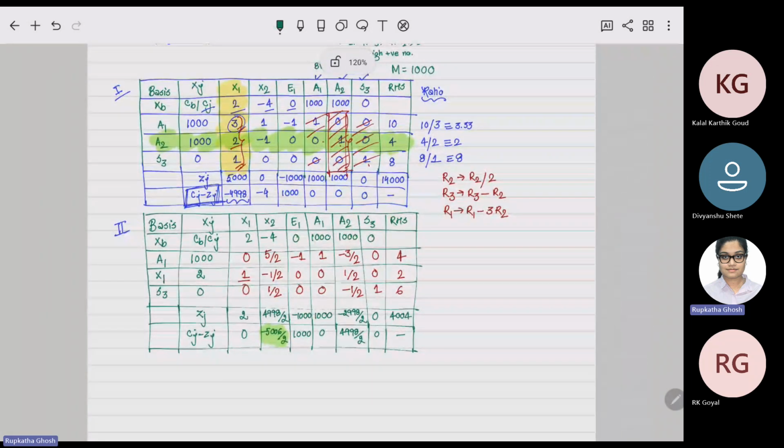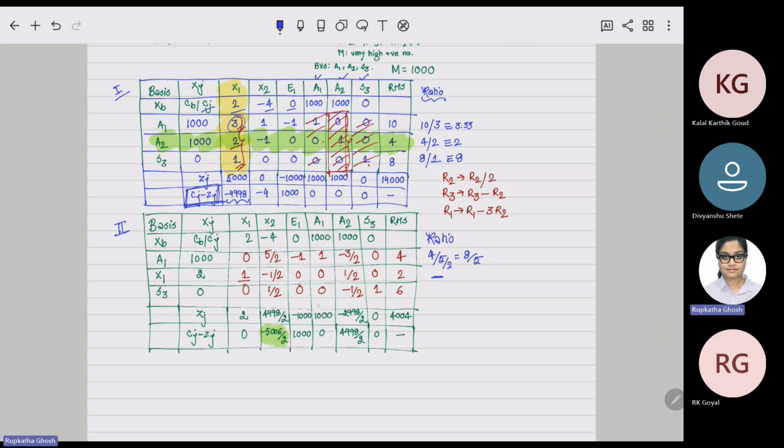Like here, we try to find out the ratio. So ratio would be now 4 divided by 5 by 2. So that is 8 by 5. Then you will have 2 divided by minus 1 by 2. So nothing. Okay, you cannot have a negative ratio, as I already said.